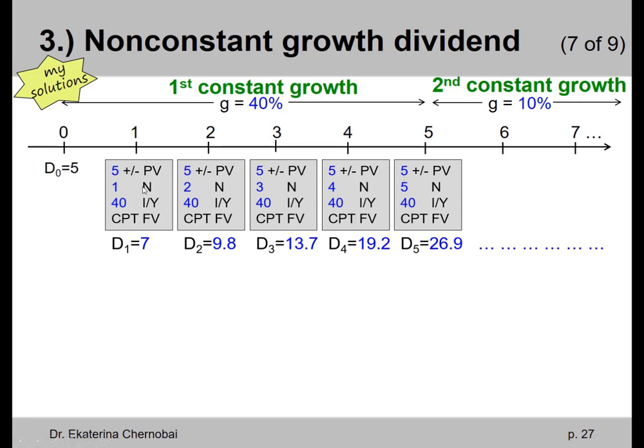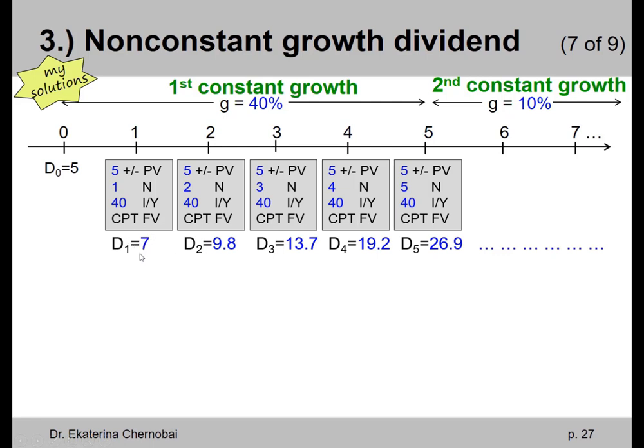I'm only changing the number for N. N equals 1, what we just did to find the first year's dividend. Then N equals 2, 3, 4, and 5 to find the dividends 2 years from today, 3 years from today, 4 years from today, and 5 years from today. And so now I have found the dividends for the first 5 years.